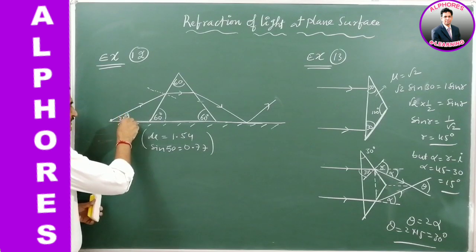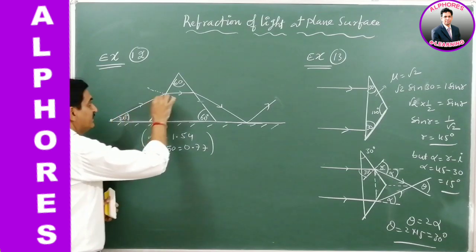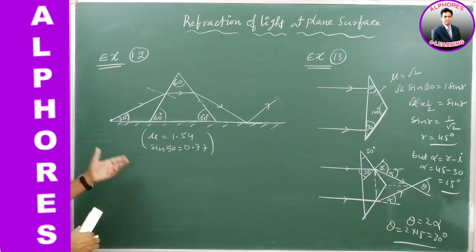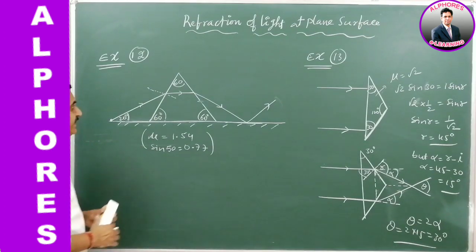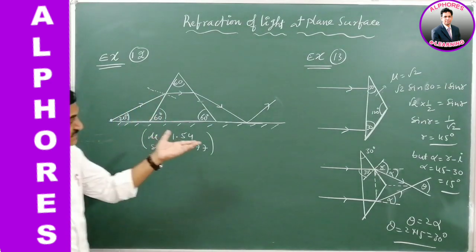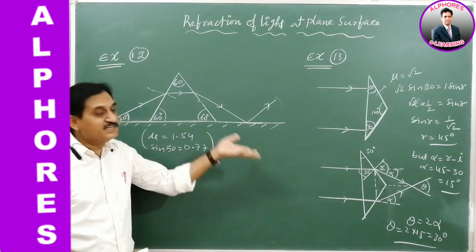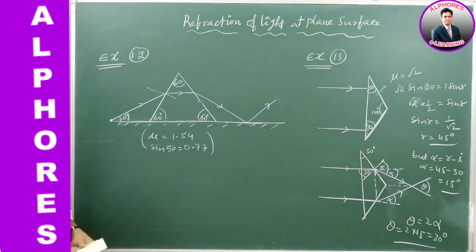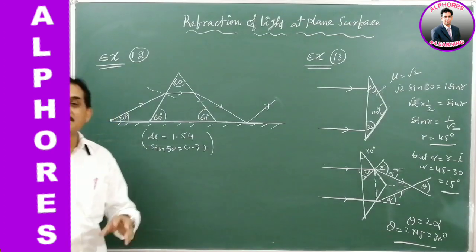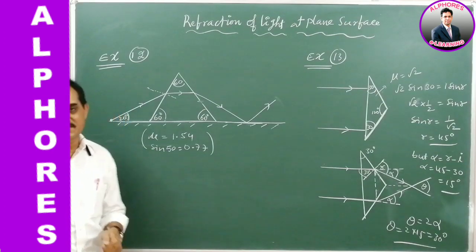Here 20 degrees is given clearly, and it is incident on the prism and refracts symmetrically, and again the emergent ray will be incident on the plane mirror, which is kept beyond this prism, and undergoes reflection. Then the question is, what is the total deviation suffered by the light in this process?